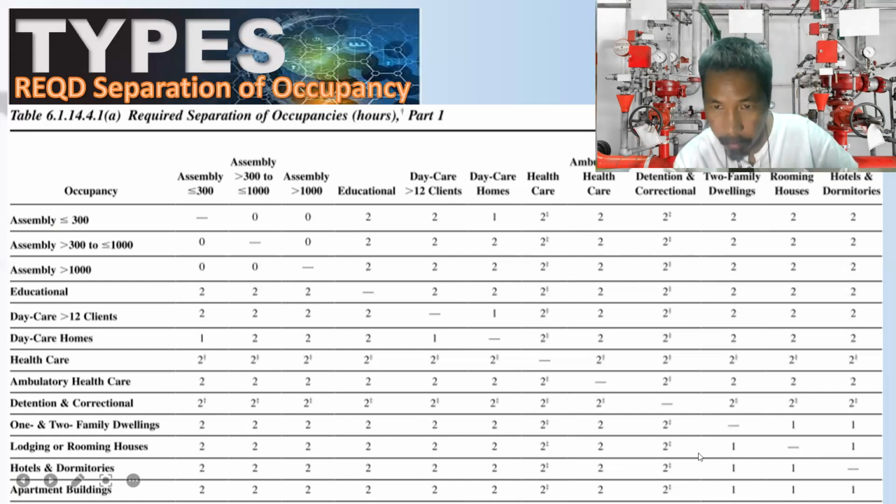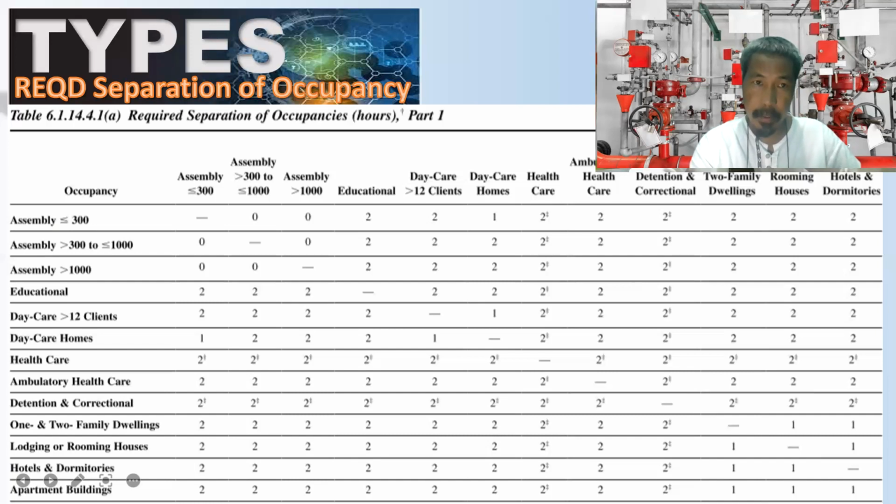Again, for example, hotels in dormitories and next to 2 family dwellings, 1 hour. So that is how we need the separation, the fire rating that I'm talking about.